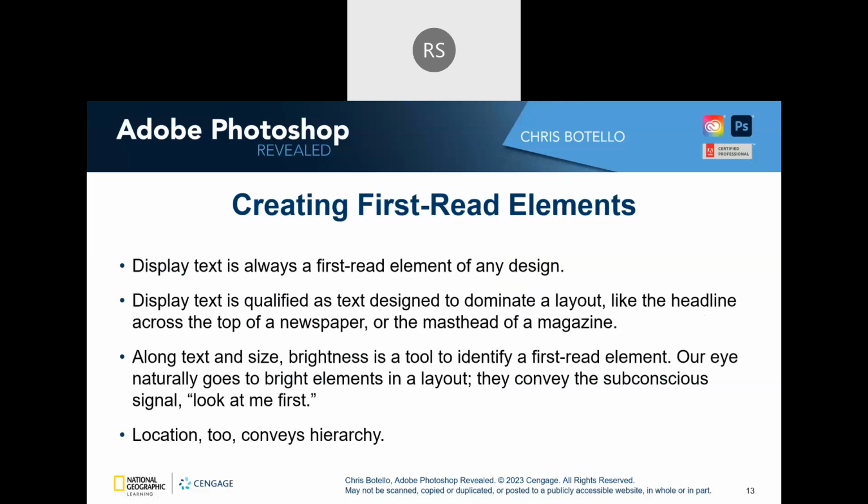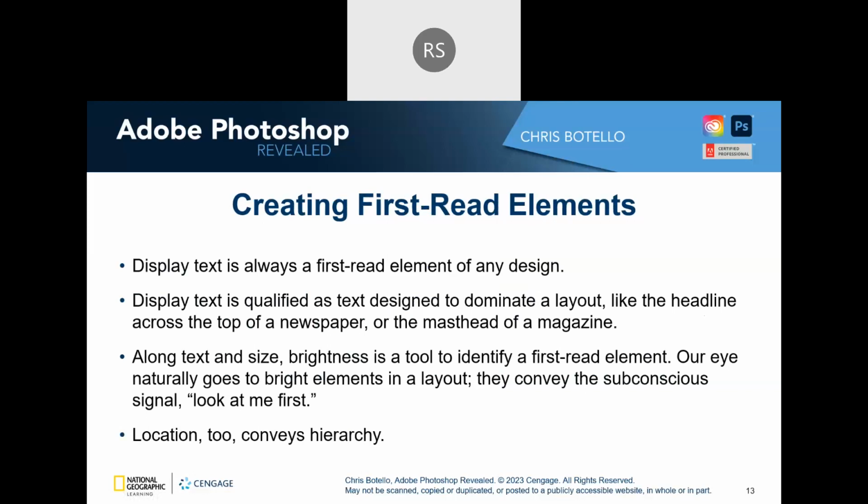Now, when we create our first read elements, display text is always a first read element of any design. Display text is qualified as text designed to dominate the layout. Think of these like the headlines across the top of a newspaper or the masthead of a magazine, the name of the magazine.